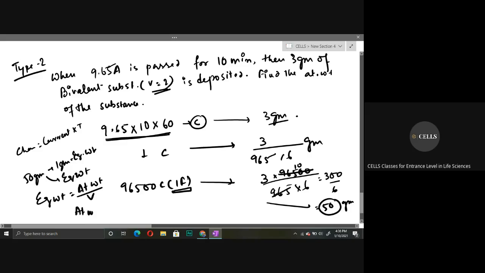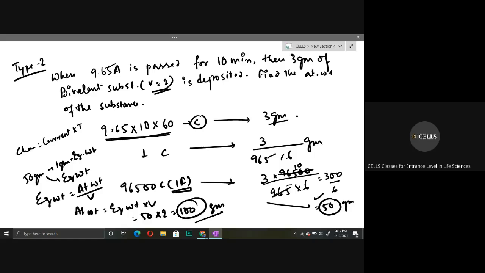Atomic weight will be equivalent weight into valency. 50 is the equivalent weight we got from 1 Faraday, into valency 2, so 100 gram will be the atomic weight. Is it clear, everyone? Please let me know.